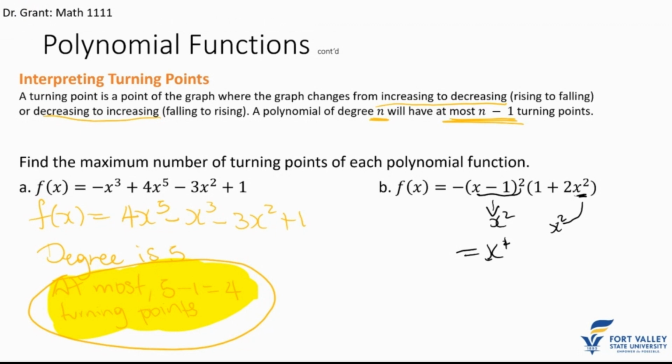So if I have x to the 4th power, my degree is 4. And then I have at most 4 minus 1, which is equal to 3 turning points.